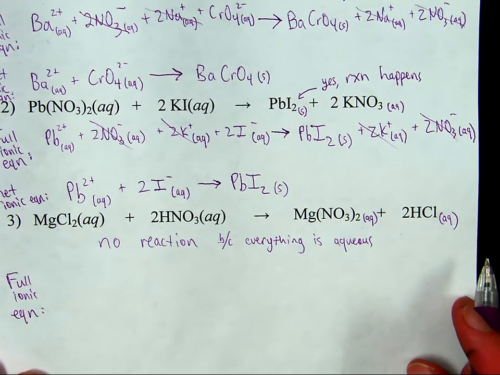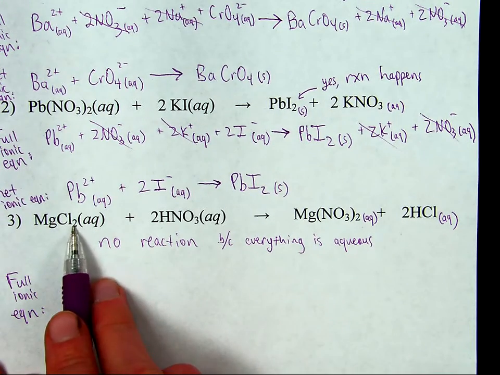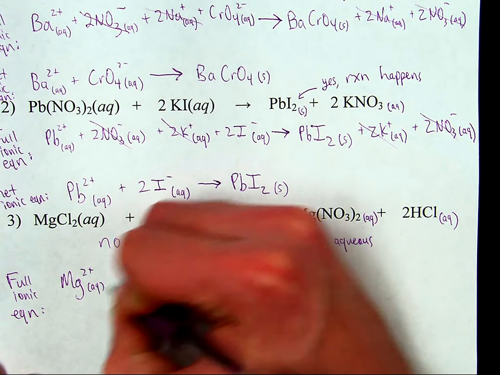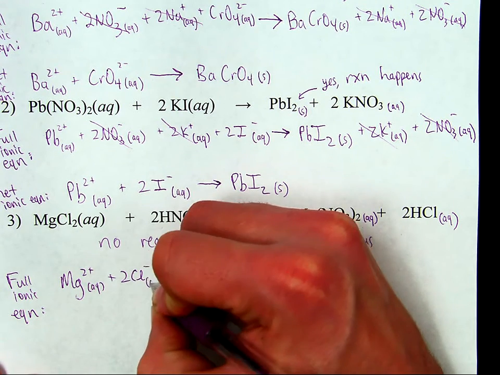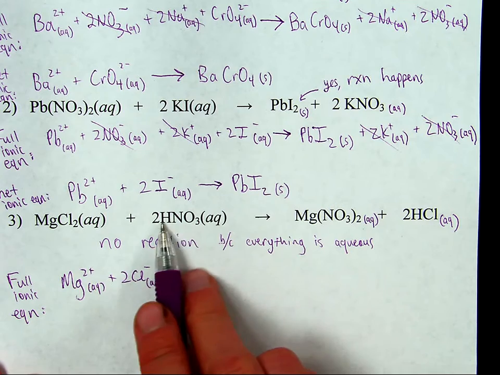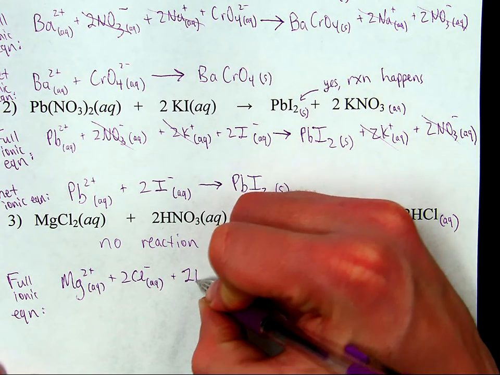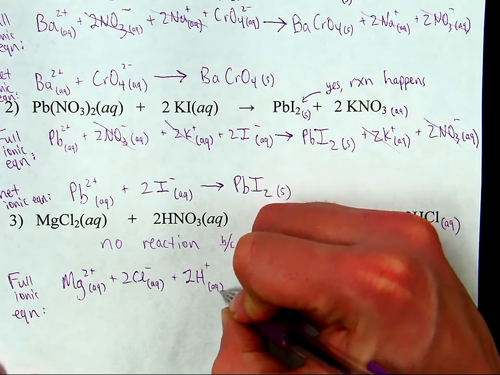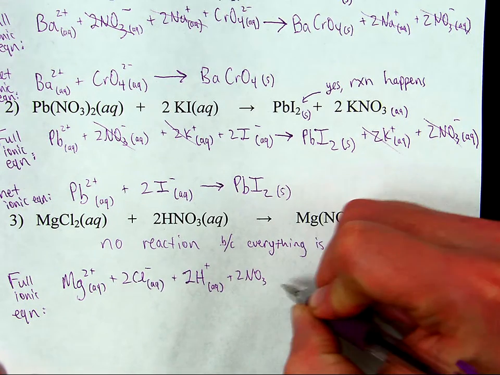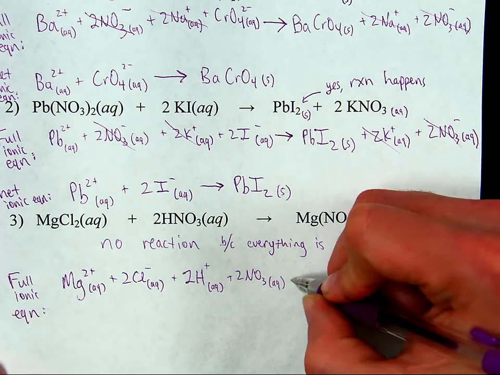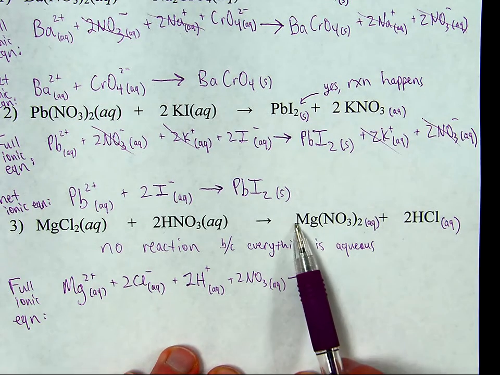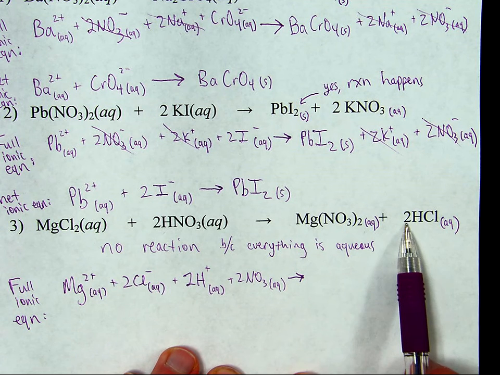That's going to include 1 magnesium and 2 chlorines. So magnesium with a 2+ charge, aqueous, plus 2 chlorides with a minus charge, aqueous, plus, this is aqueous, so this breaks up, 2 hydrogen ions, aqueous, plus 2 nitrates, and that is going to make as its product 1 magnesium and 2 nitrates and 2 hydrogens and 2 chloride ions.